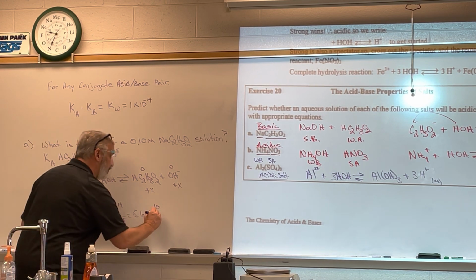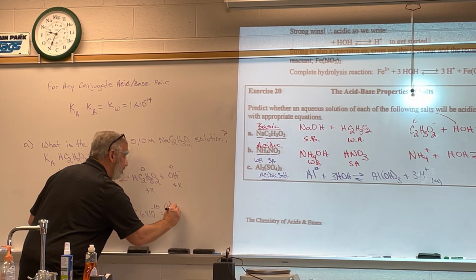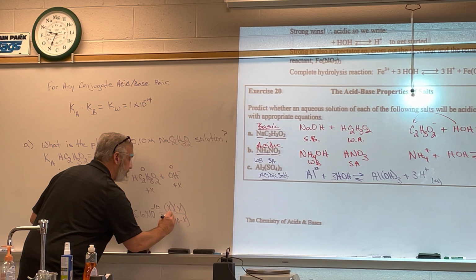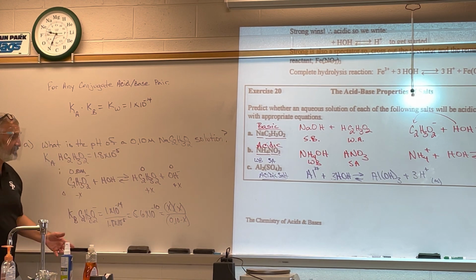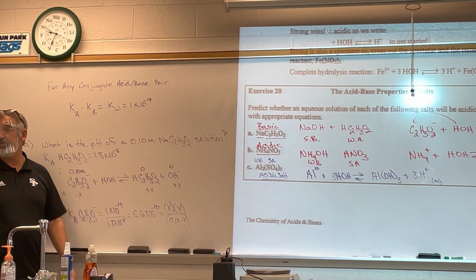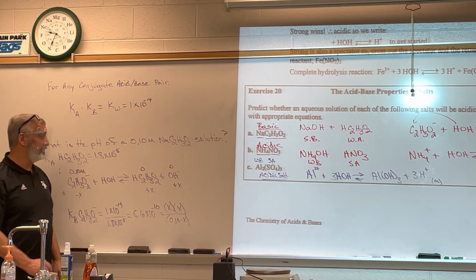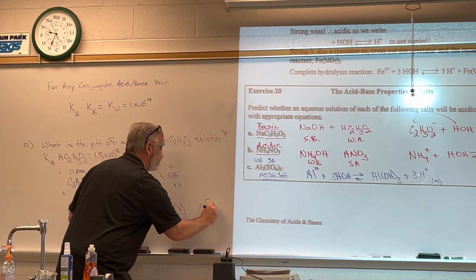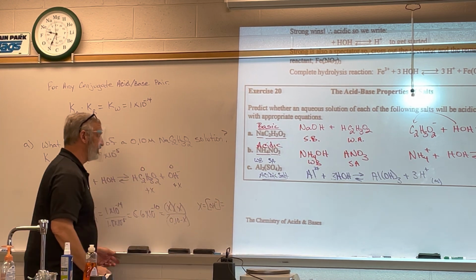So that's going to equal my X times my 0.10 minus X. But we're going to negate the X again because it's going to be way smaller. So X, which is my OH-, is going to equal what? Somebody solve that.